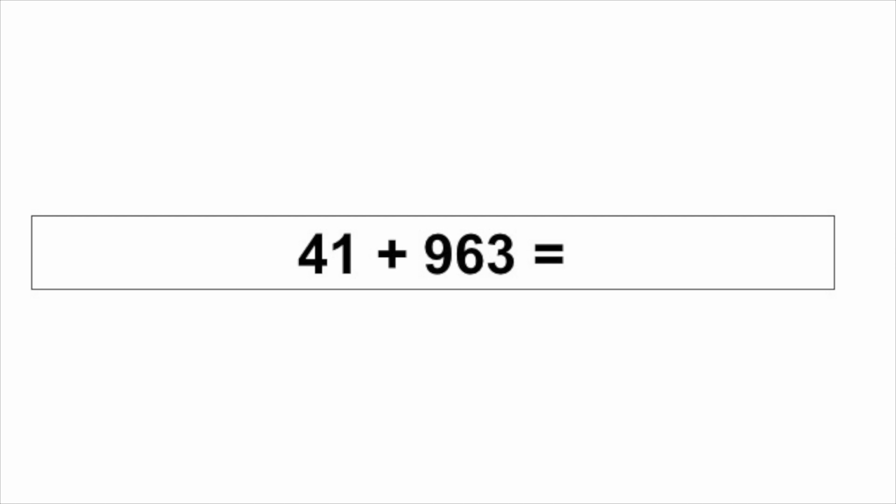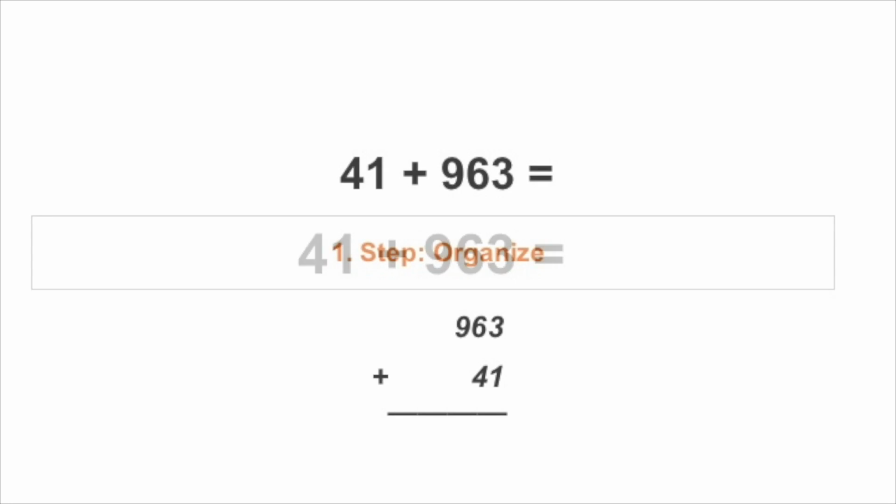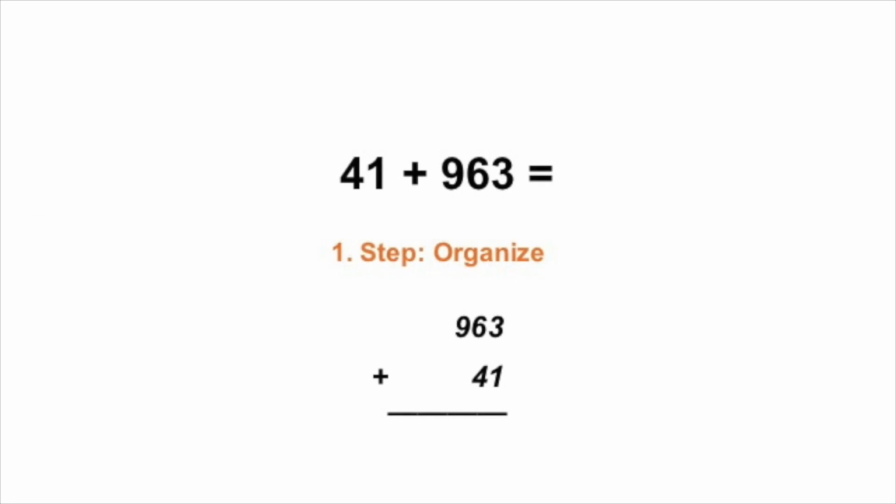41 plus 963. And what we can do, organize. So starting with the ones, 3 plus 1 equals 4. 6 plus 4, 10. So we write 0, carry the 1. And then 1 plus 9 equals 10. So same again. And this time, because we move into the thousands, comma.